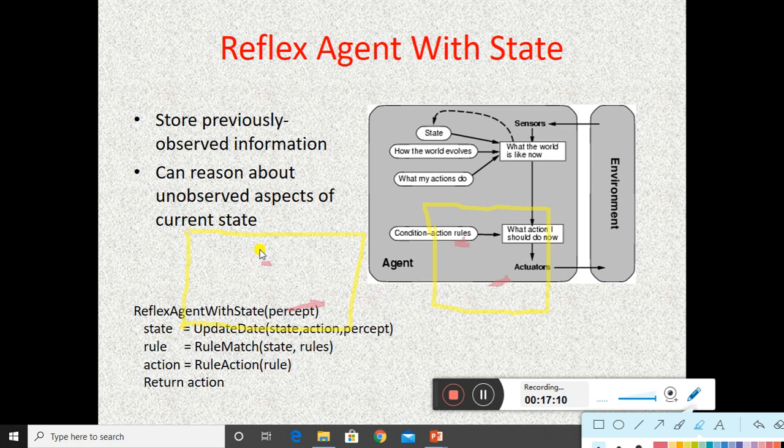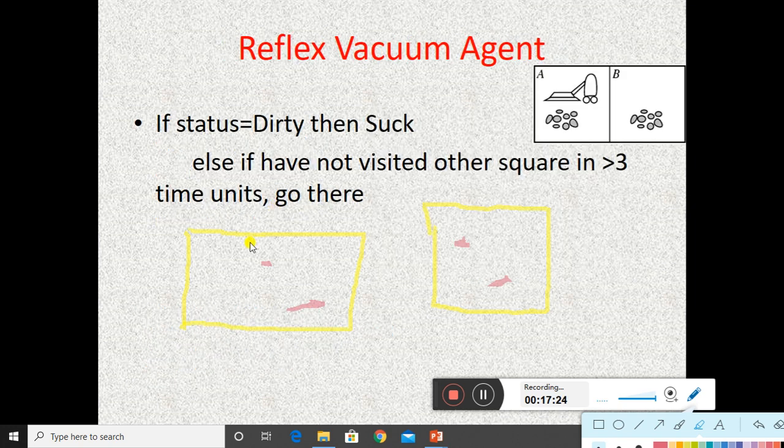Actually, okay. So, if my actuator or my vacuum cleaner has visited this place only once, and it has started going to this place, so what my reflex vacuum agent will do, it will check this condition and will say that go to box number 2. This is suppose box number 1.